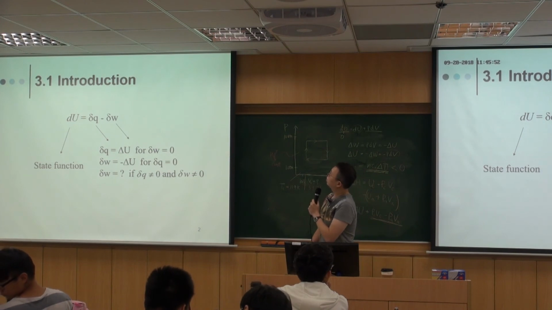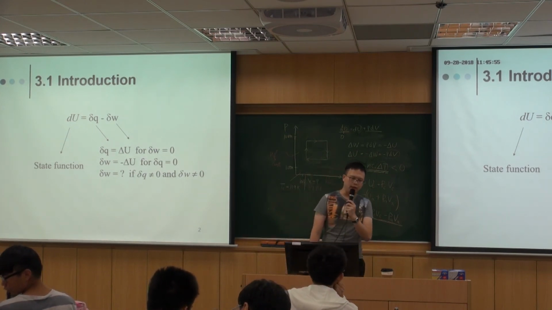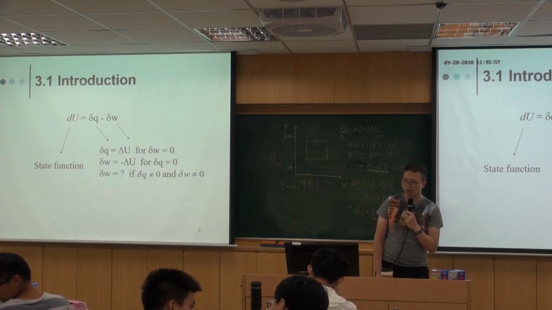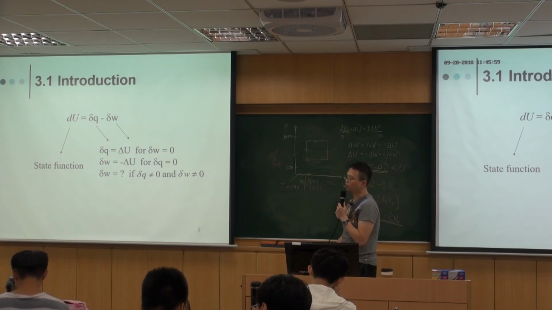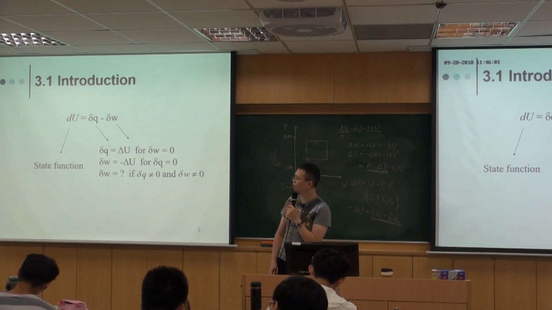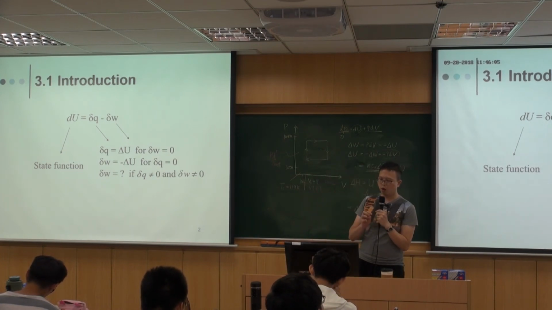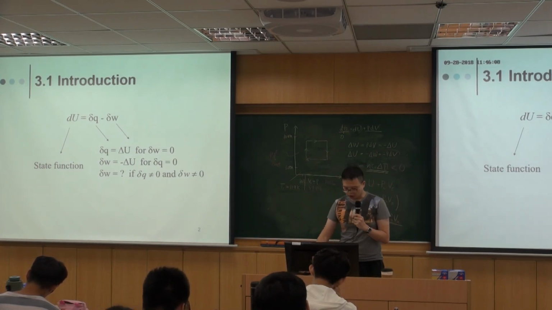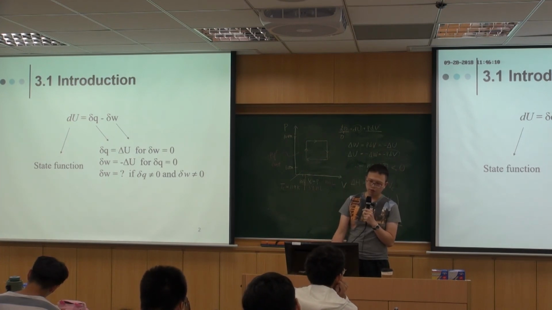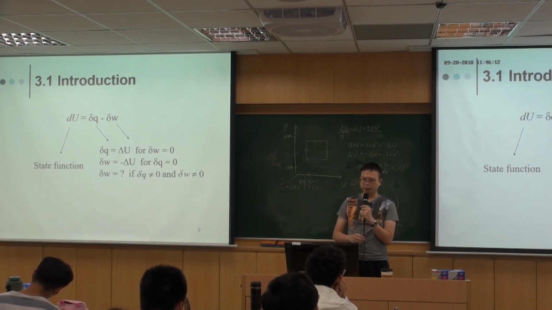The reason why we need the second law of thermodynamics is because the first law is not enough to tell us how much maximum work a system can do in certain types of processes.